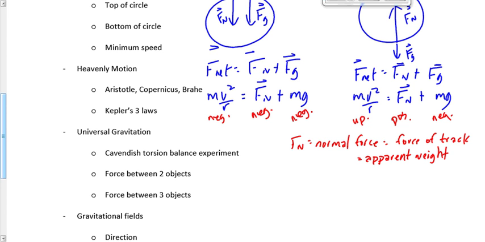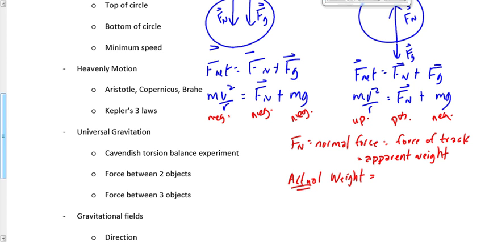Maybe you're asked to solve for the actual weight. The actual weight is just your force of gravity. Listen, the actual weight is not your mass. I have a mass of 70 kilograms. That's not my actual weight, that's my actual mass. If I'm asked for my actual weight, then I'm going to say my actual weight is 70 kilograms times 9.81, so 686 or whatever that works out to be.